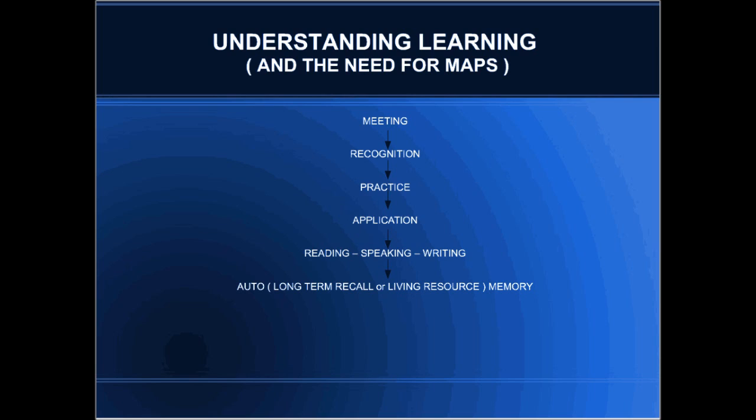In a semi-real environment, students should be able to communicate in different contexts, and this process manifests itself through reading, speaking and writing. Finally, there is auto memory, also called long-term recall or living resource or auto response. Students remember and perhaps can contribute to the learning of other students.